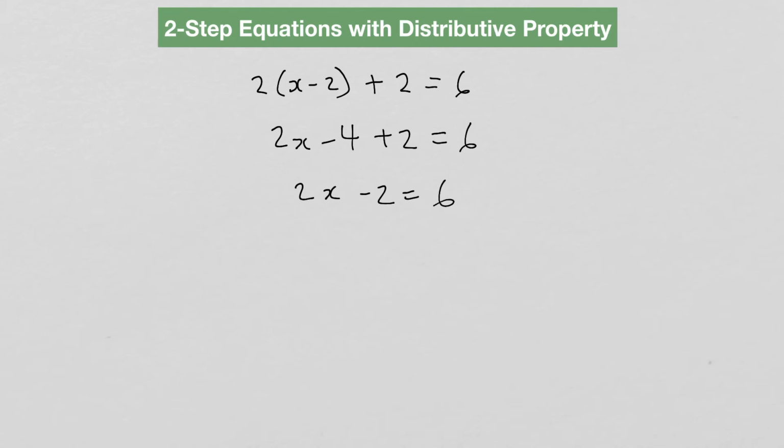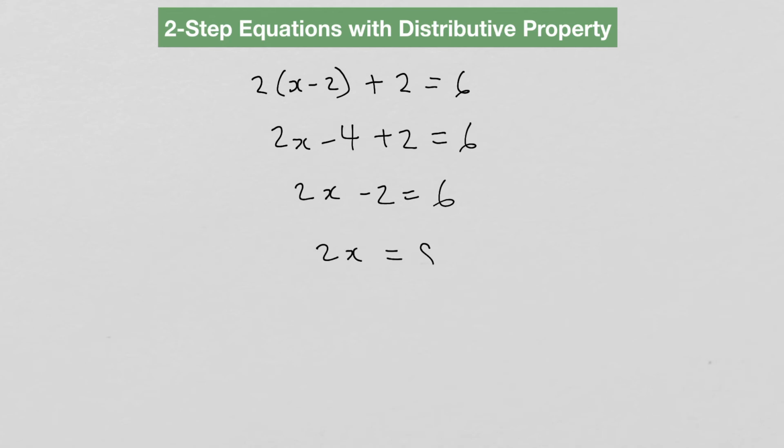Now that takes care of the distributive property. We will now go into the two-step equation step. The first step is to move the negative 2 over to this side of the equation, and what we get is 2x is equal to 8.